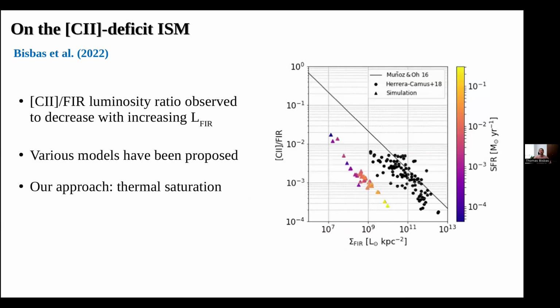And finally, I would like to talk a little bit about the C+ deficit, which is an open problem that we have in extragalactic astrophysics, or actually in astrophysics in general.